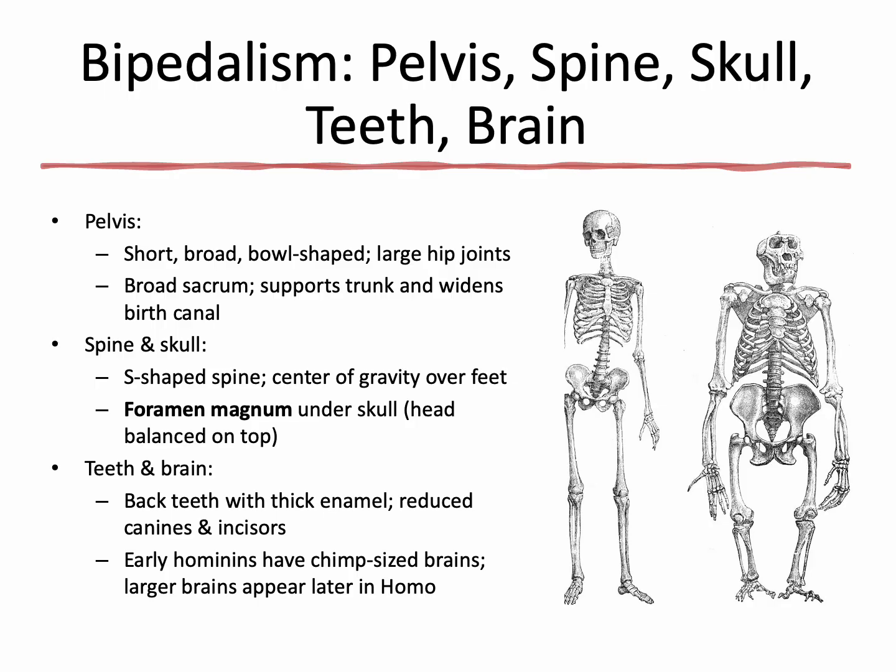Of course, you can't just stand up a chimp and expect everything to work. For full-time bipedalism, the pelvis, spine, and skull all have to be reconfigured as well. The human pelvis is short, it's broad, and it's bowl-shaped, with large hip joints and a broad sacrum.